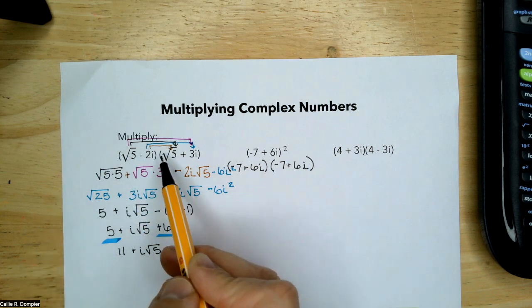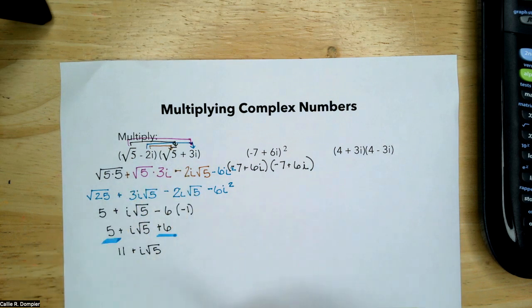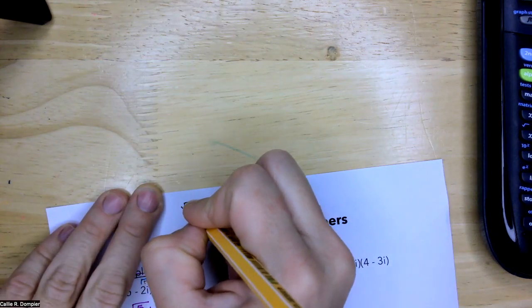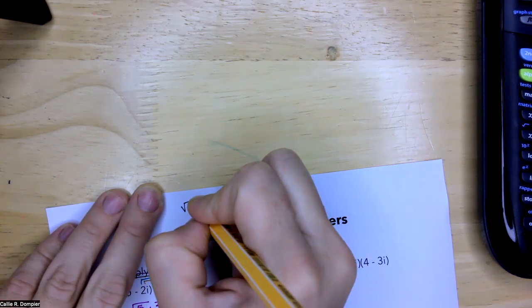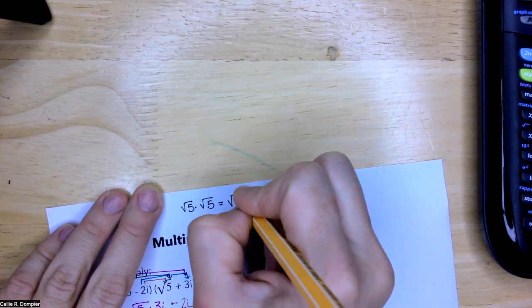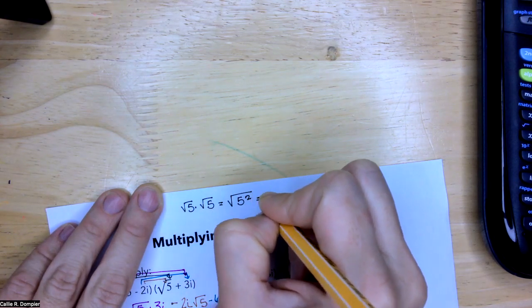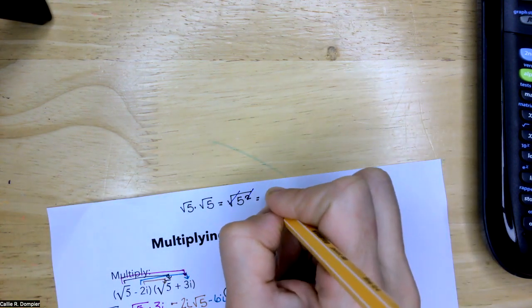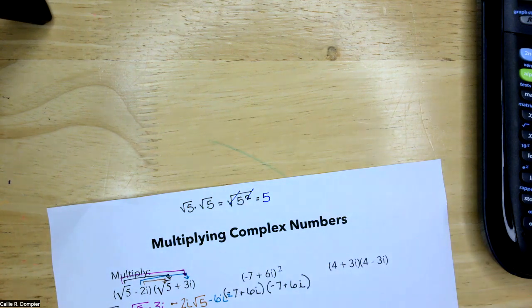Notice that the square root of 5 times itself just becomes 5. The square root of 5 times the square root of 5 is the same as the square root of 5 squared, and we know that the square root gets rid of the squared. It's just whatever you had.